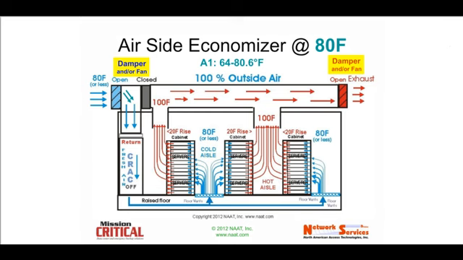So we're showing in this case outside air running at 80 degrees Fahrenheit, again within the ASHRAE limit. We're not even stepping outside to the allowables, just keeping it within the recommended window. And so we're showing 80-degree or lower air entering on the left.